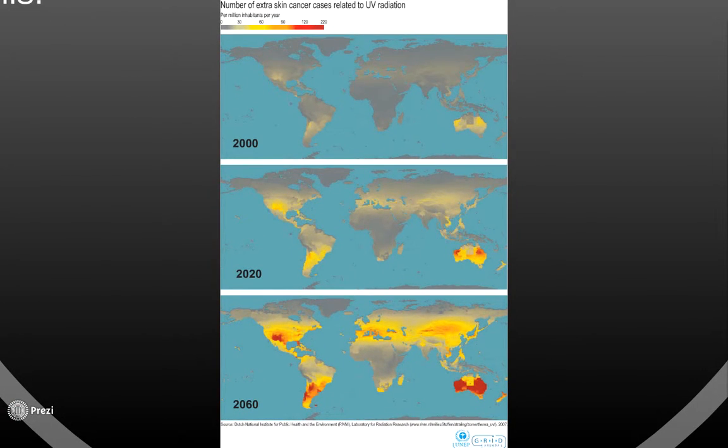This is a graph showing the extra skin cancer cases related to UV radiation that will occur from 2000 to 2060 if ozone depletion does not get better. As you see, skin cancer rates increase all over the earth.